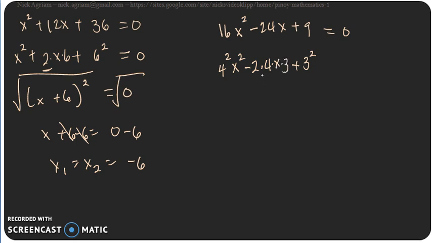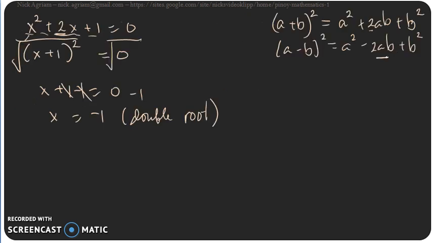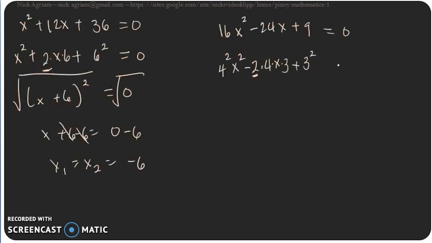It should be 24. So 12 times 2 is 24. Good. So I have negative 2ab there, as in this pattern. So this is a perfect square trinomial. So I have 4x minus 3 because it is a negative 2 there. Parenthesis squared is equal to 0.